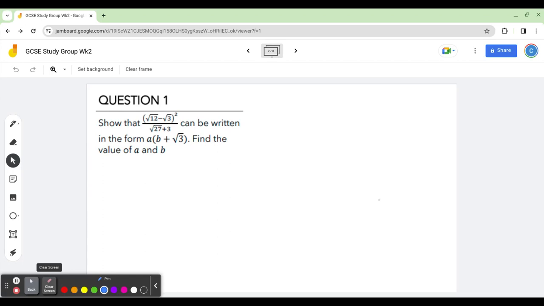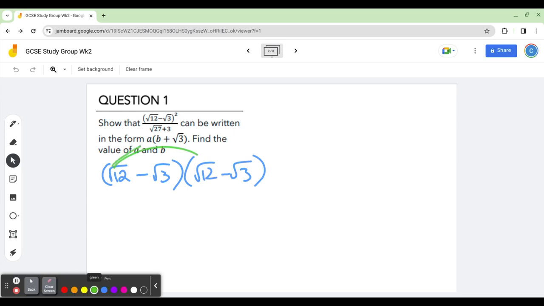Question number 1. The first thing I'm going to do is to expand the double bracket at the top. I'm going to do root 12 with root 12 and root 3, and the negative root 3 with the root 12 and root 3.